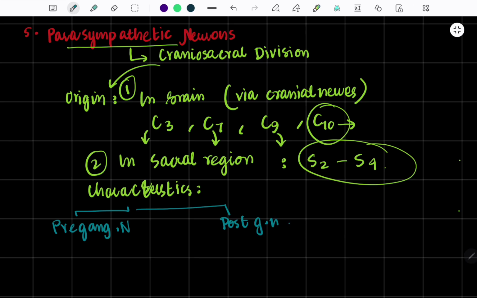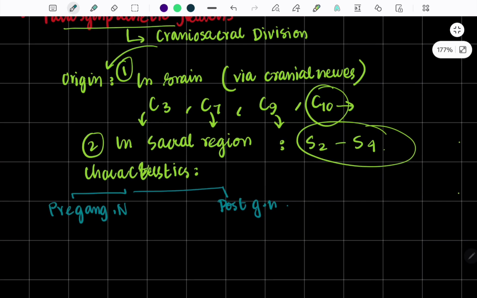They are structurally different from each other in that preganglionic fibers are long, whereas postganglionic fibers are short. So this is the basic difference between the pre and postganglionic neurons of the sympathetic nervous system and the parasympathetic nervous system. Let me draw this for you.